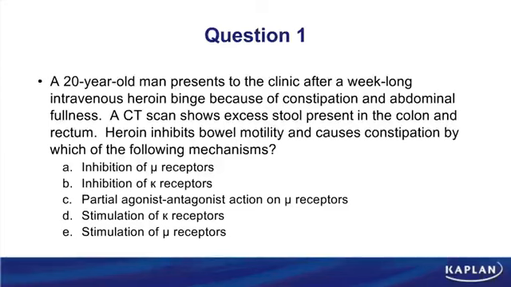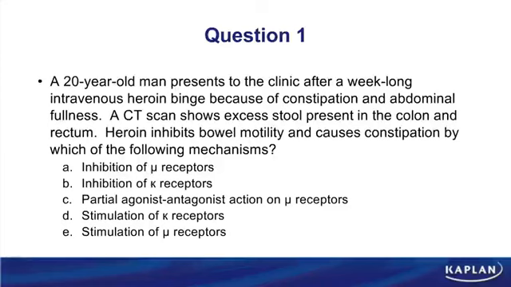This is a good example of a question that contains a word that sometimes you're going to focus on so much that you convince yourself it has to show up in the answer choice. And for me, that word is inhibits. The phrase that says heroin inhibits bowel motility sort of plants a seed in my mind that says my correct answer must have the word inhibit in it, and perhaps that led to you choosing choice A. But if you think about it, heroin is an opioid.